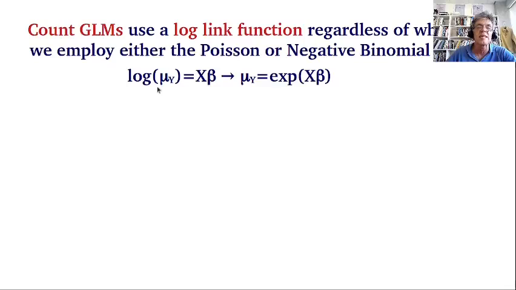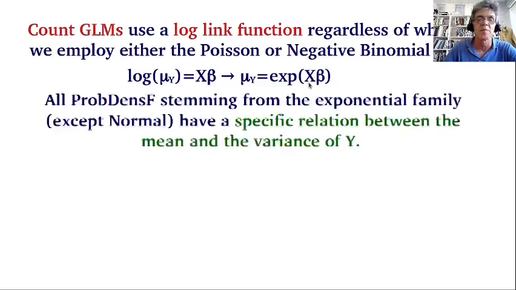This relationship is linear only in the space or scale of the log-link function. After estimating the parameters, where the model is linear, that is, in the space of the link function, we invert the link function to obtain predictions, the predicted values of the mean from different combinations of values of the explanatory variables and its parameters, the betas.